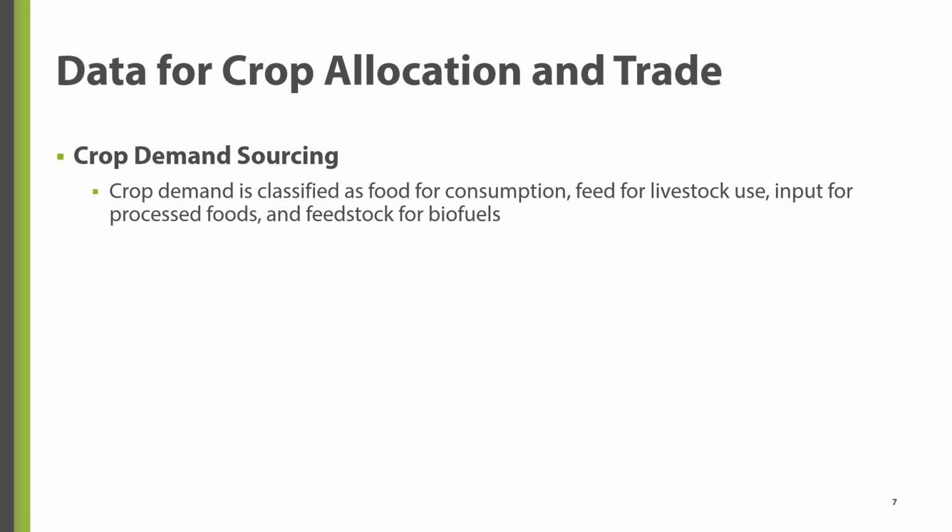In SimpleG, crops are consumed directly as food by consumers, as animal feed in the livestock sector, as raw inputs in the processed food industry, and as feedstock for biofuel use. Furthermore, crop commodities can be purchased by consumers in the local and global crop markets.